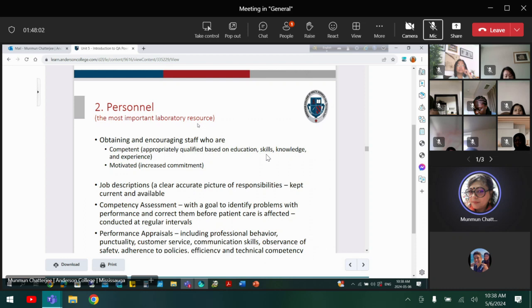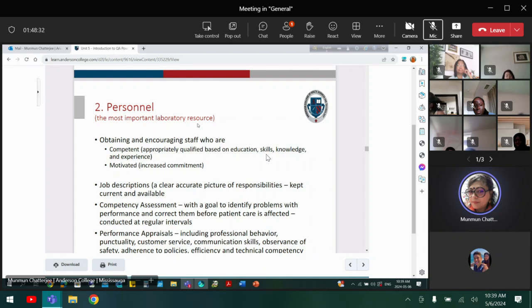Job description: a clear, accurate picture of responsibility, kept current and available. What you have to do. Job description: what is specifically your role? Whether you are only doing phlebotomy, or only the ECG, or both the ECG and phlebotomy, or some part of documenting phlebotomy, what is actually your job specification and what is your role.